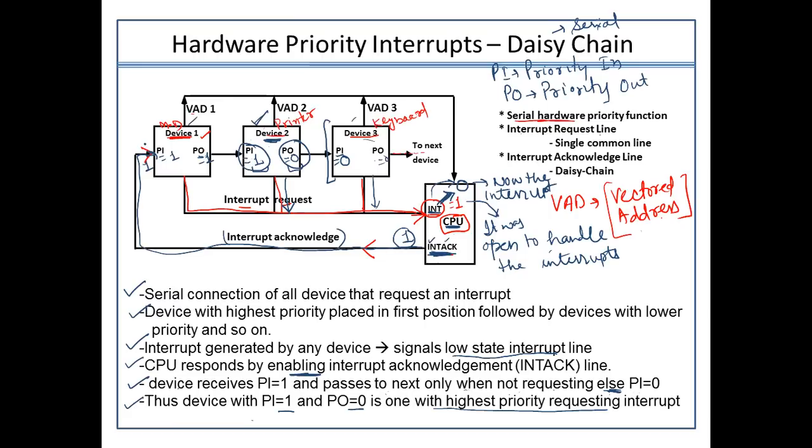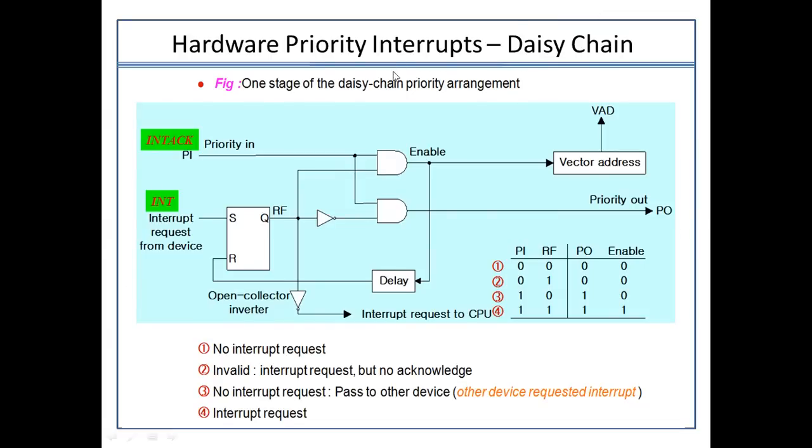So now, as we have learned it in a general manner, we will focus upon these conditions like pi equals 1, po equals 1; pi equals 1, po equals 0; or pi equals 0, where po will be 0 or 1, that doesn't matter. So in the next topic, we are going to describe one stage of the daisy chain priority interrupt.